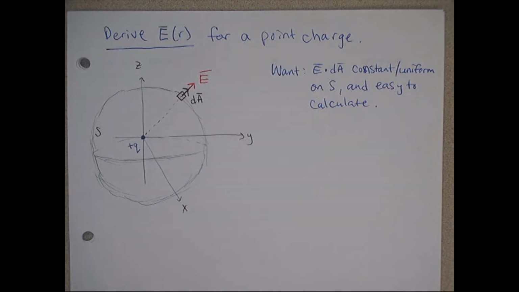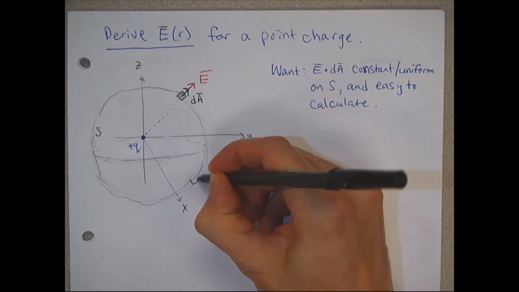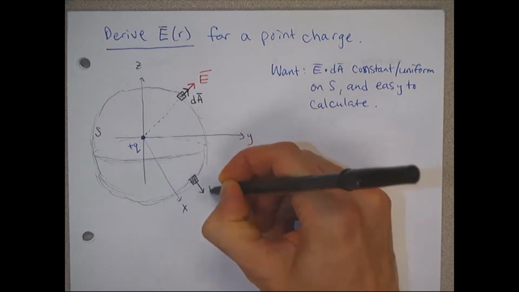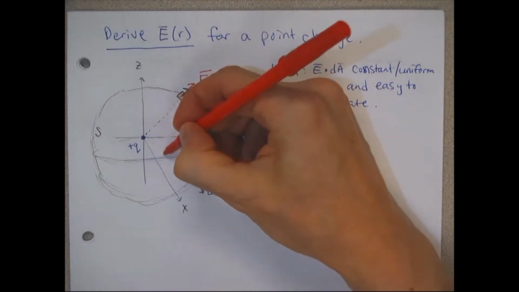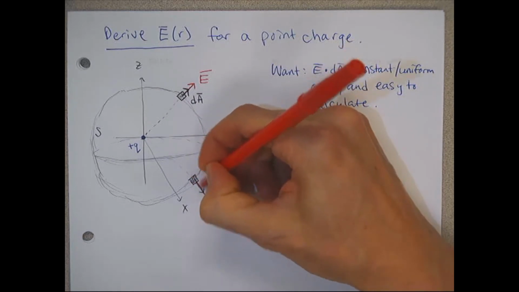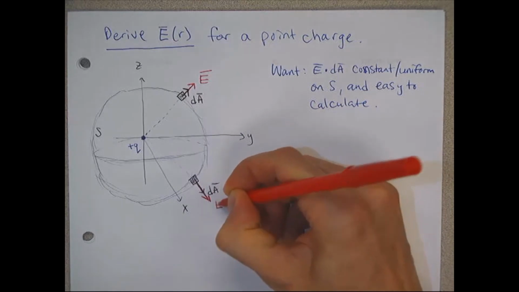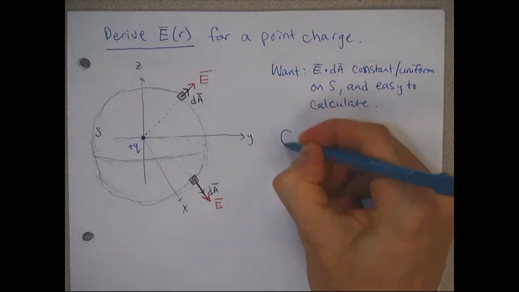E dot dA is going to be easy because regardless of what dA we select, the E field pointing away from that positive point charge will always be parallel to the dA vector.